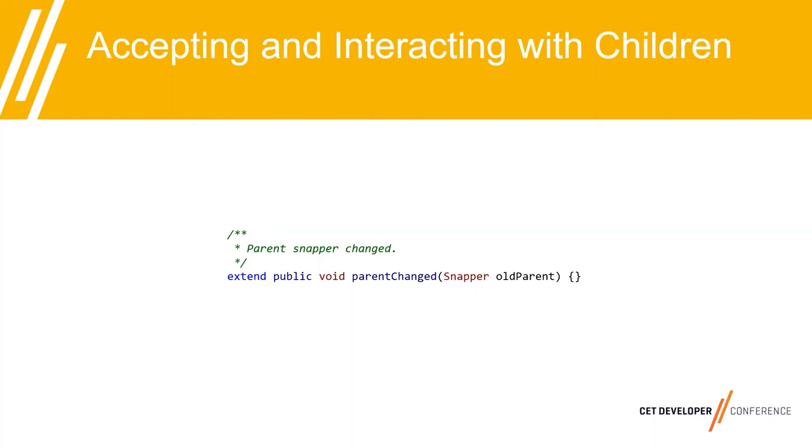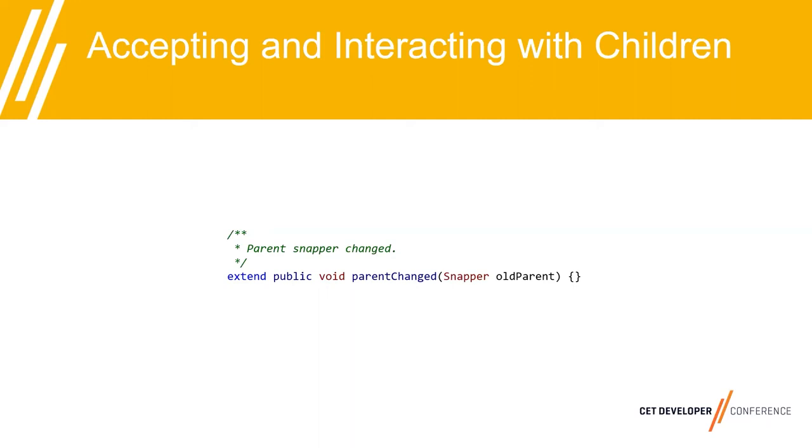So for example, a child cannot go from parent A to parent B in one step. It'll always go from being on parent A to being put directly into space, and then from space to being put on parent B. So if that swap was happening, you'd see this hook fired off twice.